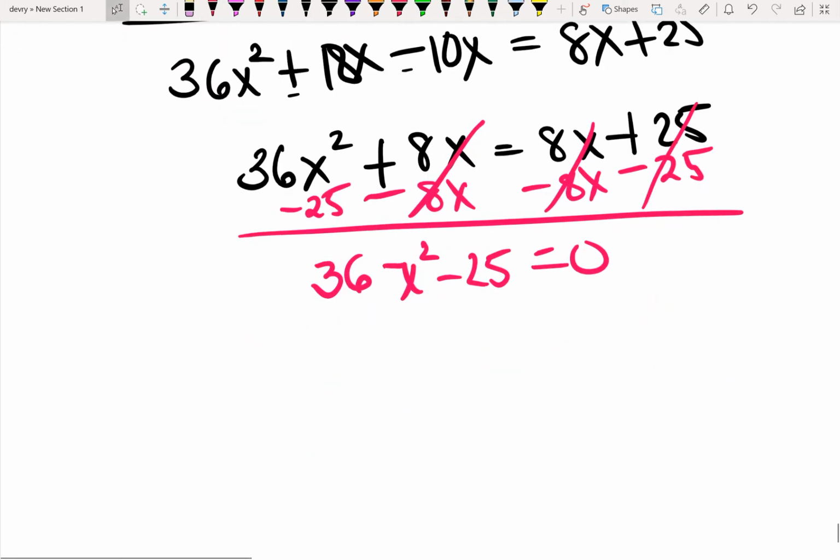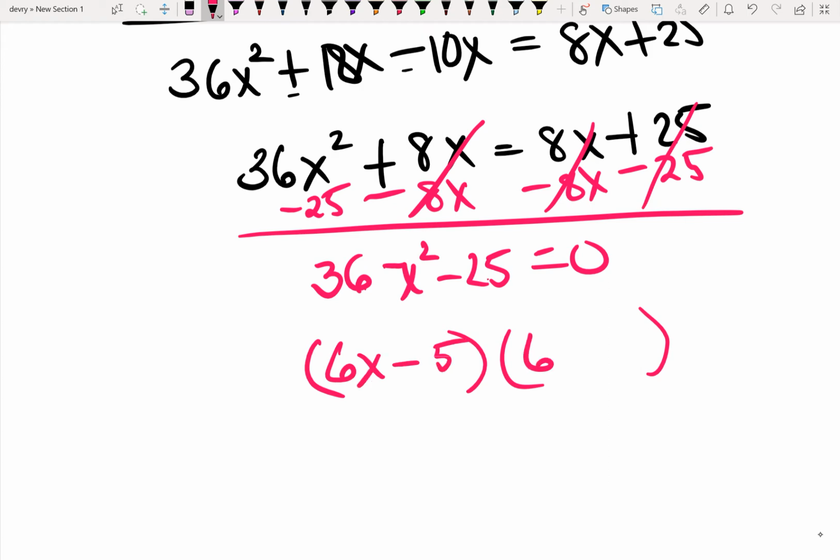And now I can actually use, in this case, the product of sum and difference, right? We learned that in the prior section. Difference of squares. And so if I take the square root of this side and this side, I end up with 6x minus 5 and 6x plus 5.